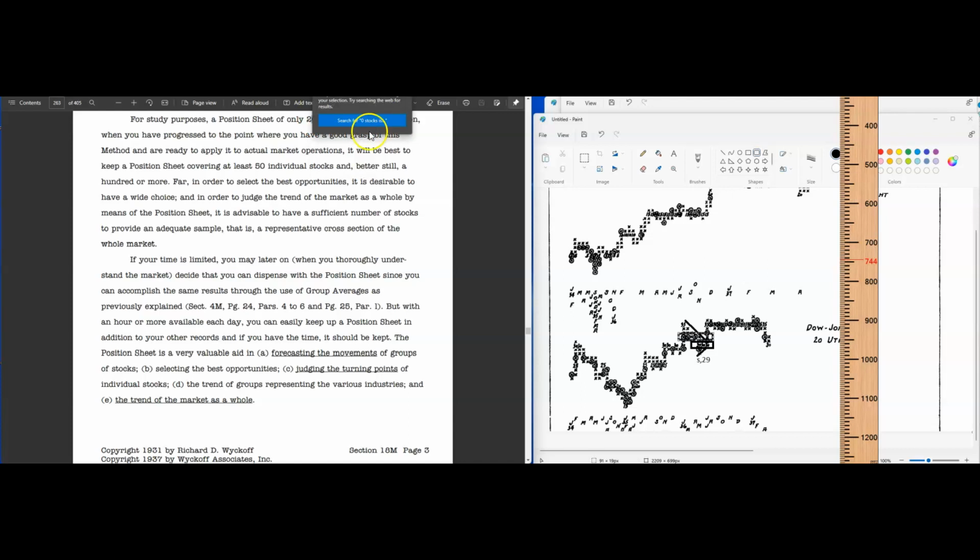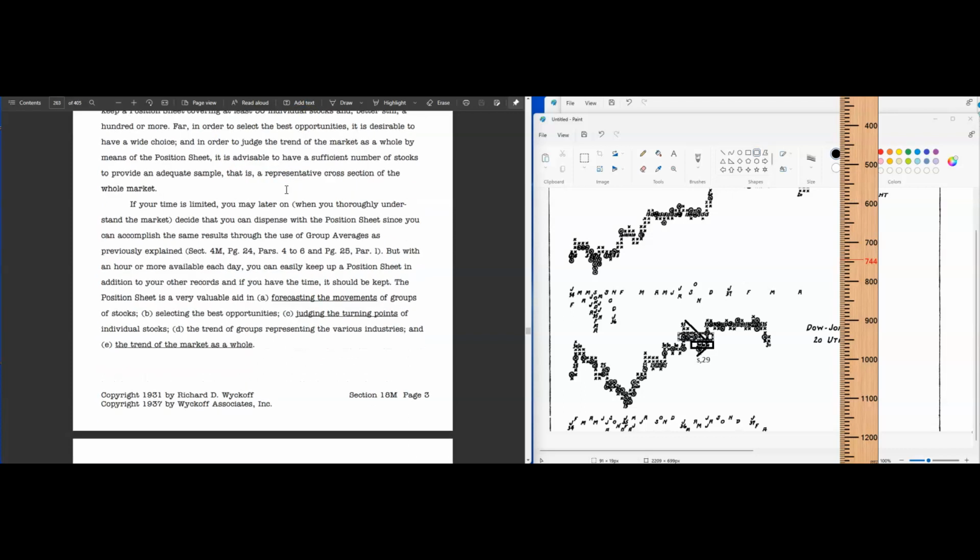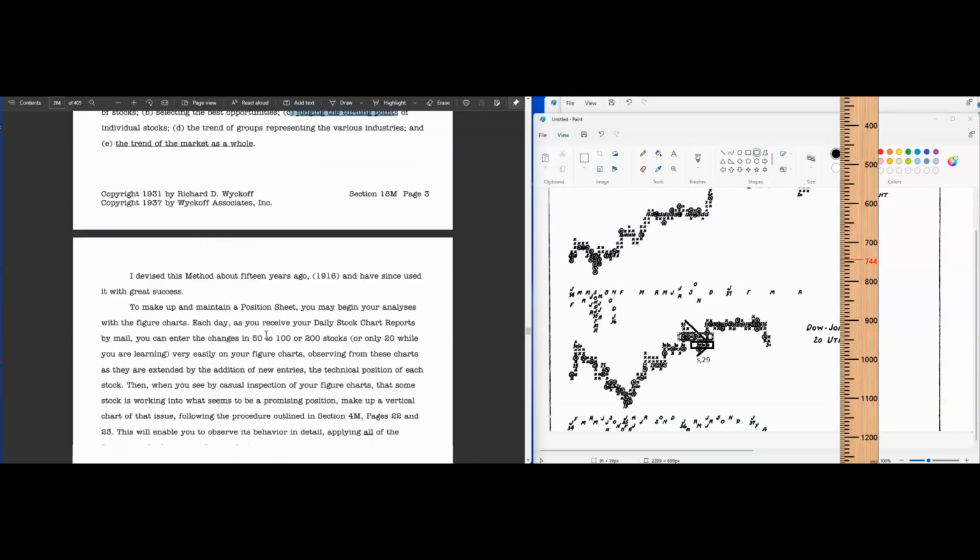Instead of doing 20, they try to do 200. All right, big mistake, and it throws everyone off. All right, the position sheet is valuable in forecasting the movements, selecting the best opportunities, judging the turning points, and all of that.